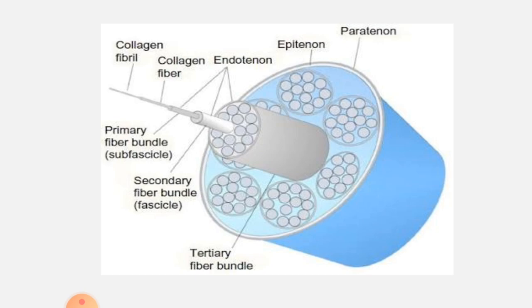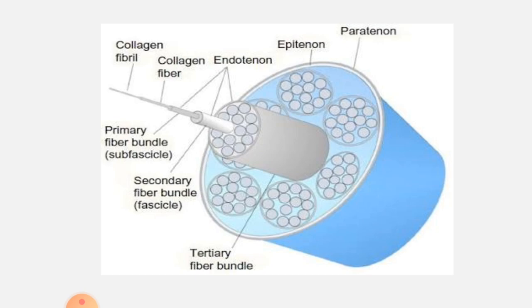Then we will talk about the different layers of the tendons: para, which is the outermost covering, epitendon, and the endotendon. The endotendon basically is a layer at the surface of the tendon that is formed of fibroareolar tissue, and it is condensed into a thin fibroelastic sheet.